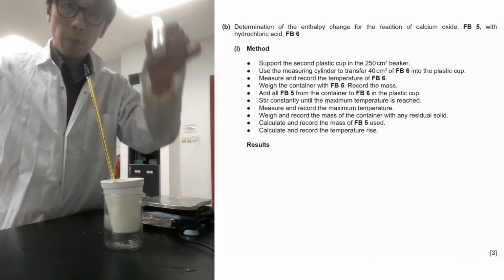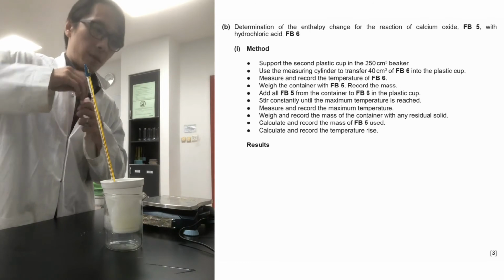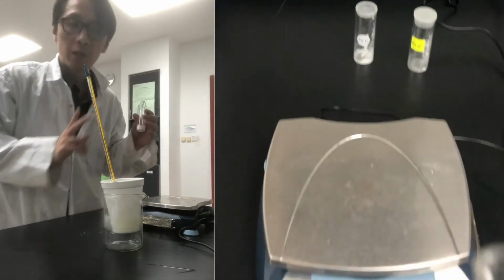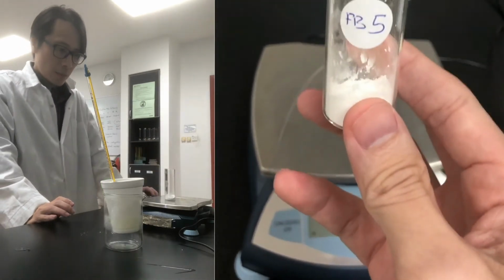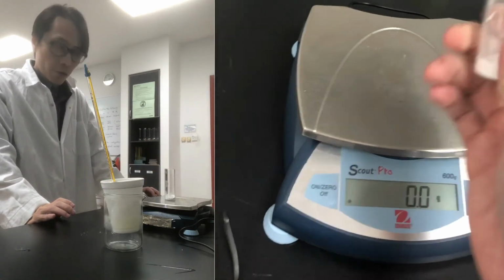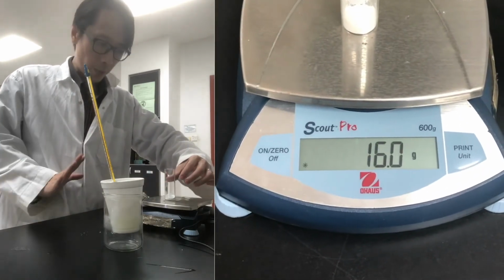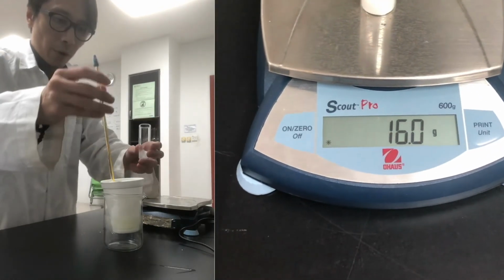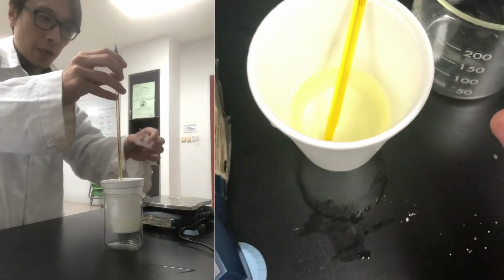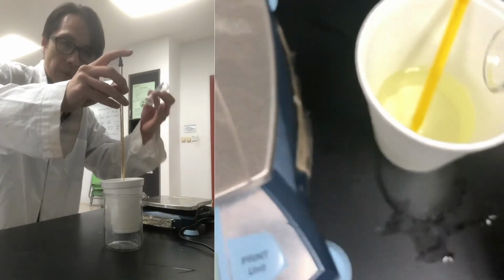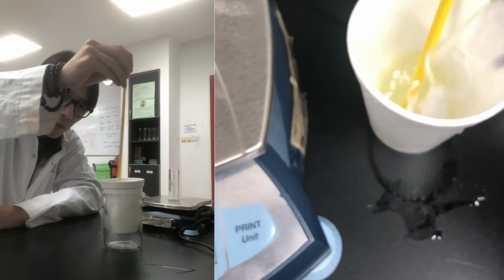Now I'll have to measure the mass of FB5 without the stopper. So I'm going to do it without a stopper for both measurements. 14.8 is the reading here. Oh, sorry, 14.9 is the reading. Pour it all in. Oof, it's an audible reaction as well. There's some left here, but it's okay. Stir it with the thermometer.